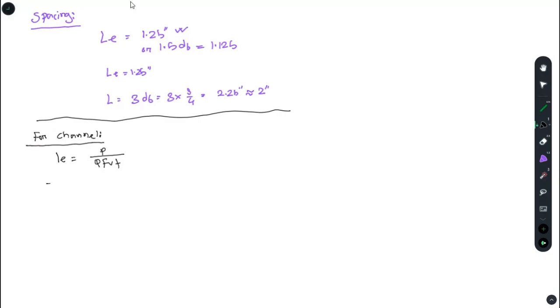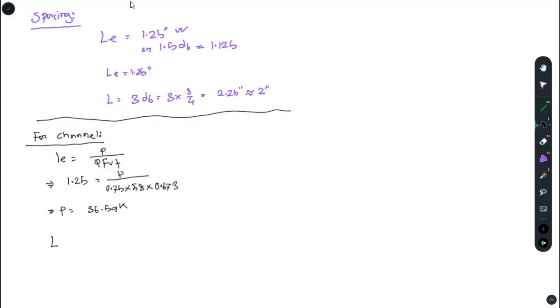In this case, the L edge spacing is 1.25, and you will find out the value of P, which is the load, and phi is 0.75, and Fu is 58, and thickness of channel is 0.673, and you will get a P value of 36.59 k.